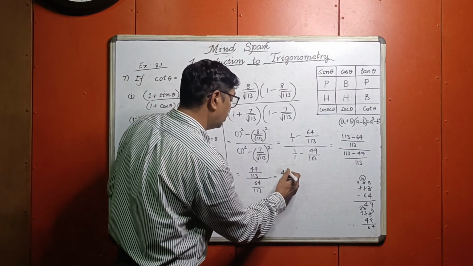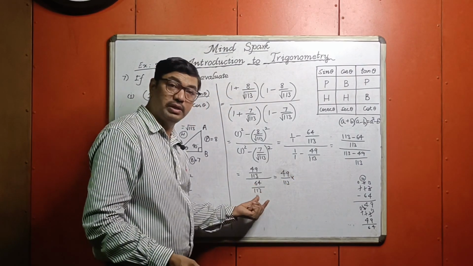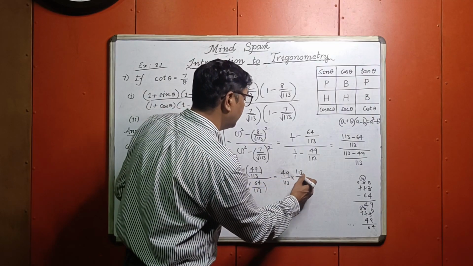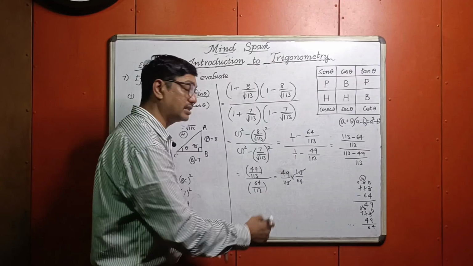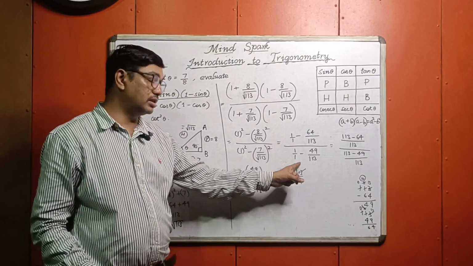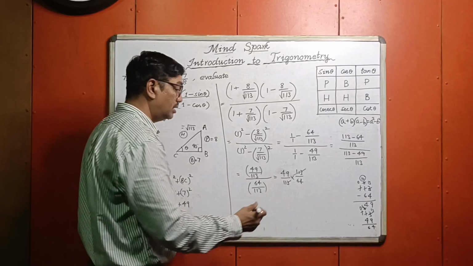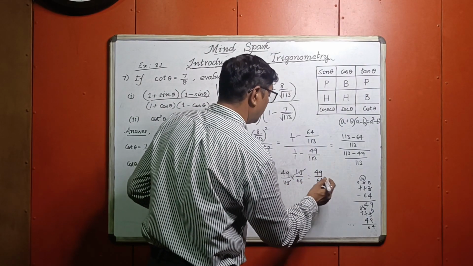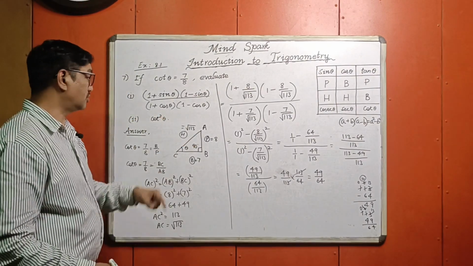So you can take 49 by 113 into 113 divided by 64. 113 gets cancelled. Why are you cancelling? Because one is in the numerator, another is in the denominator. So what is your answer? The answer will be 49 by 64. So for the first part, it is 49 by 64.